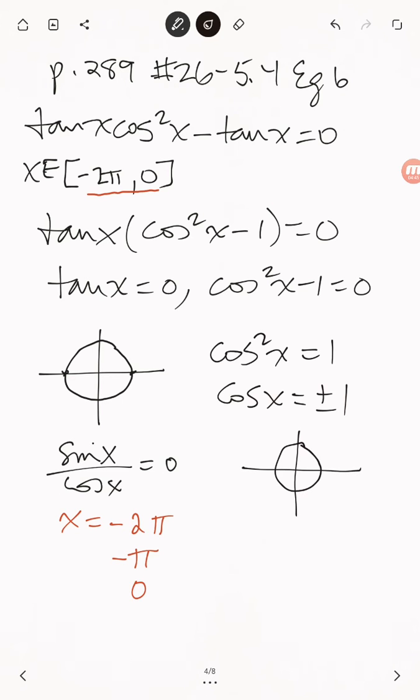So we're looking for where cosine is positive or negative 1, and that first coordinate being positive or negative 1 would be the same answers as where sine is 0. In the domain negative 2 pi to 0, that's going to be also negative 2 pi, negative pi, and 0.